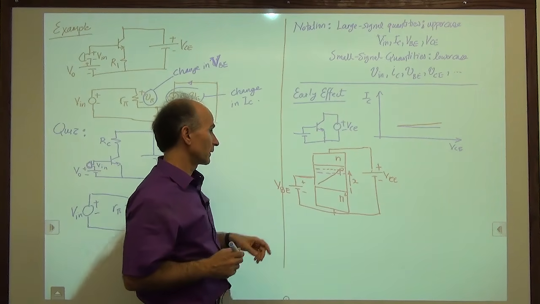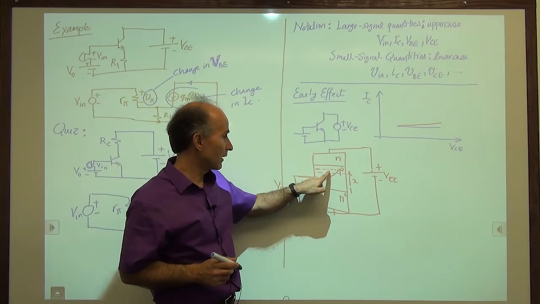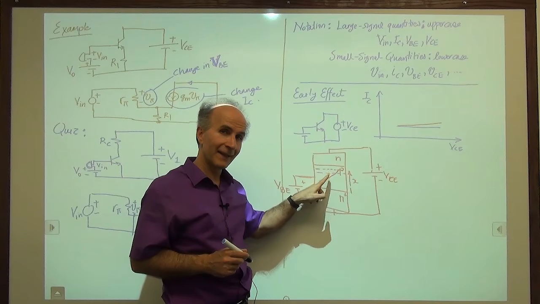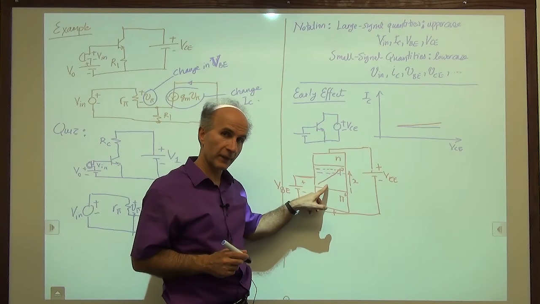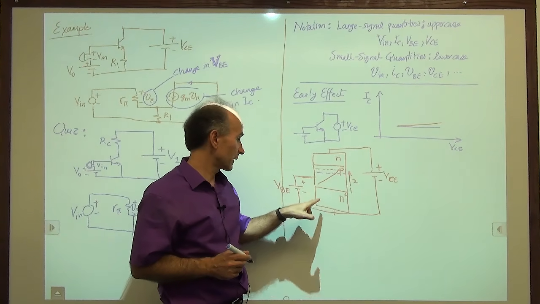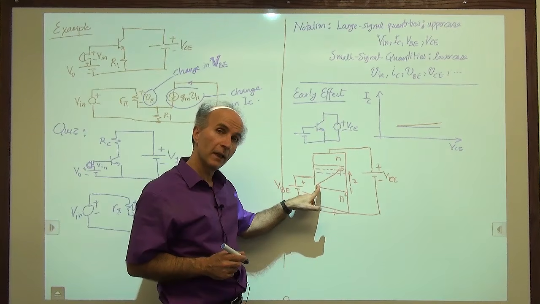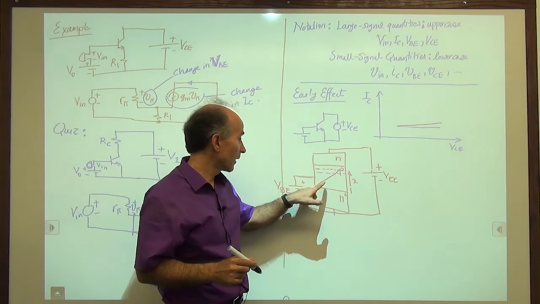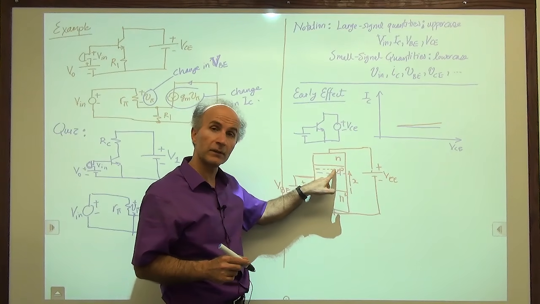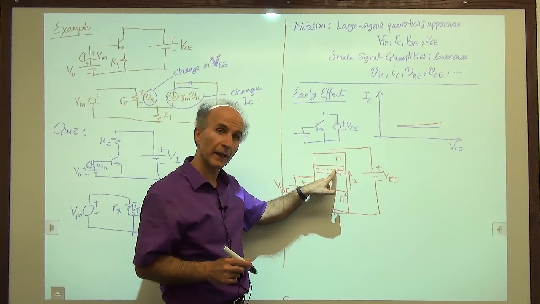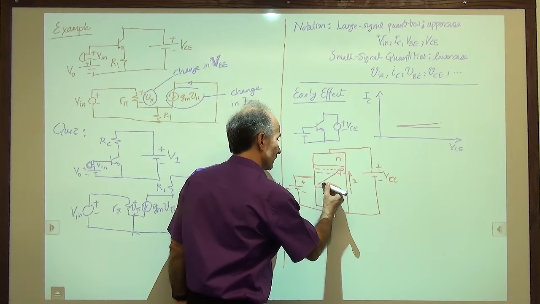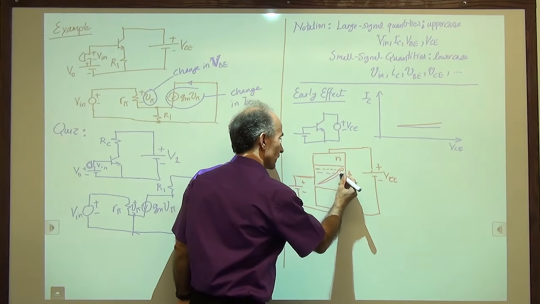So now, if the depletion region starts from here rather than here, what happens to the density of electrons as a function of distance? We still have a high density over here, but the density of electrons should drop to close to 0 over here, not over here. Right? So what we see is that the density of electrons drops to 0 over here.